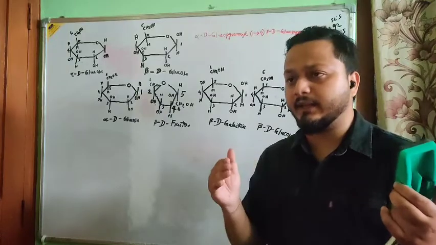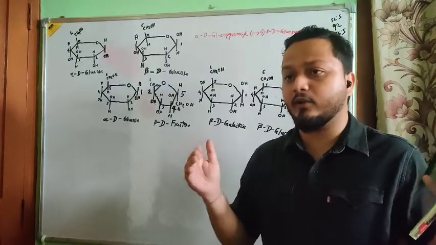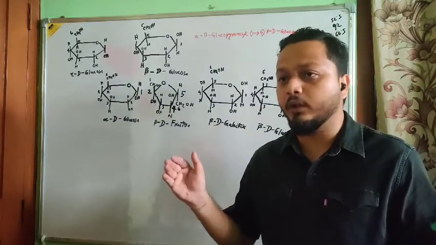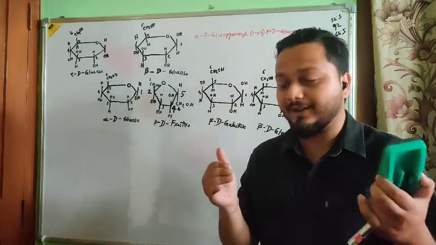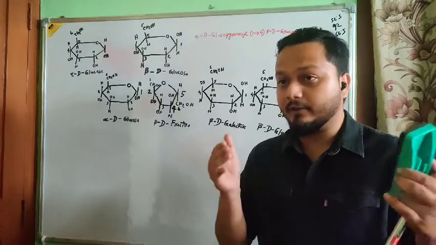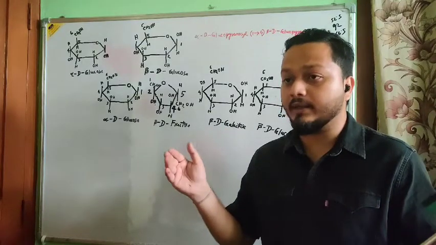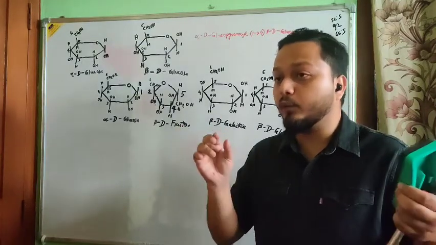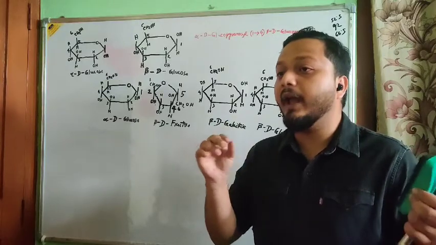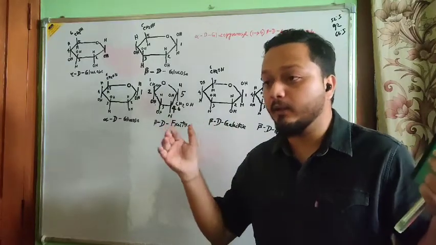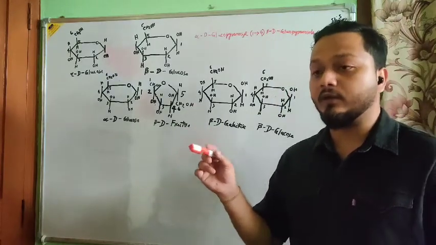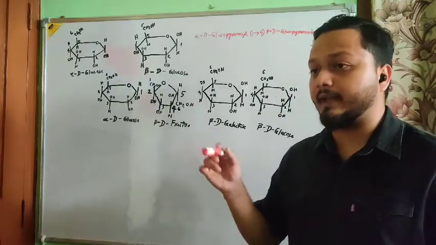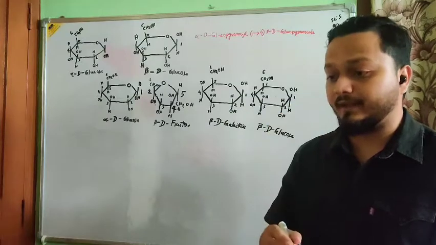We can say that glycosidic linkage is the bond present in the oligosaccharide. Instead of disaccharide, we can say that glycosidic linkage is the bond present between the monomeric units in an oligosaccharide molecule. We'll discuss glycosidic linkage by taking the example of disaccharides.